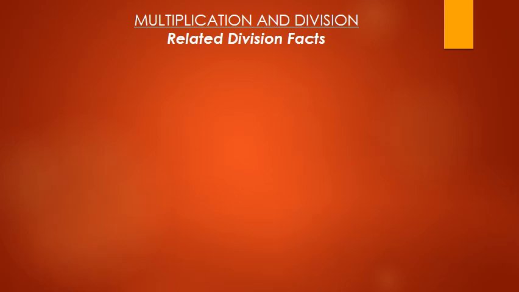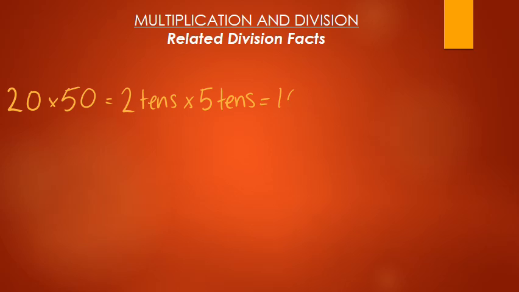Another mental strategy for multiplication and division is related division facts. You can even label tens as tens when multiplying tens by tens. For example, 20 times 50 equals 2 tens times 5 tens, which equals 10 hundreds, which equals 1,000.